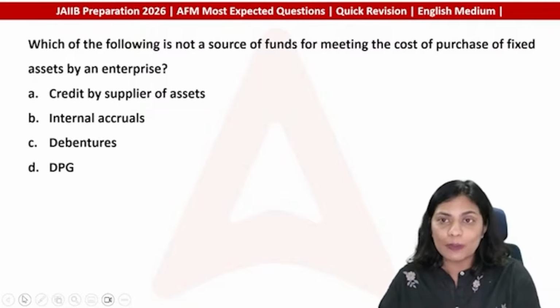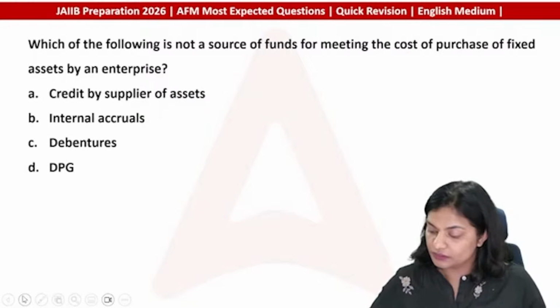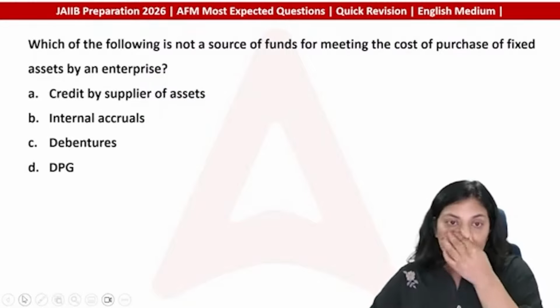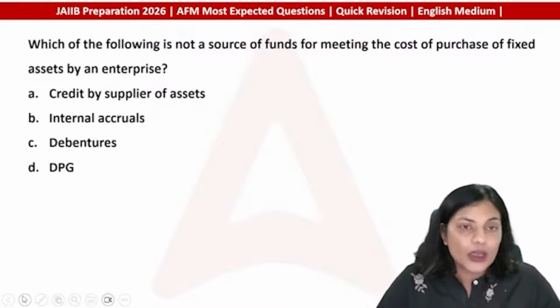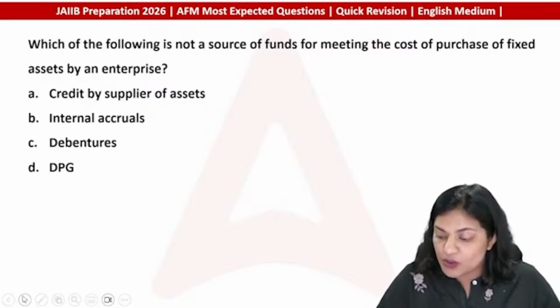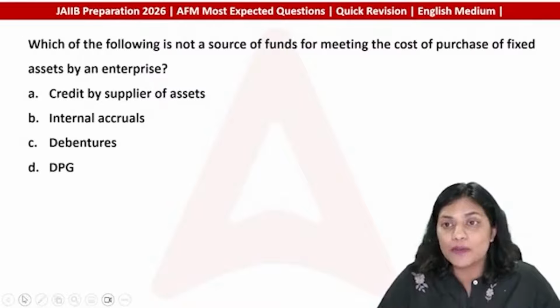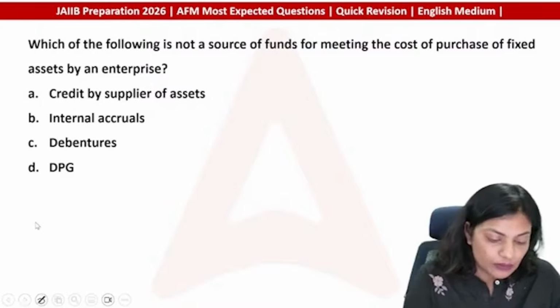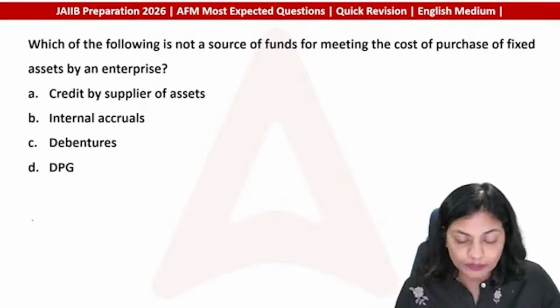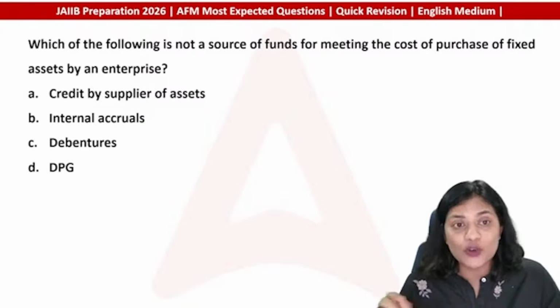If you want to buy a fixed asset, which of the following is not a source of fund for meeting its cost?